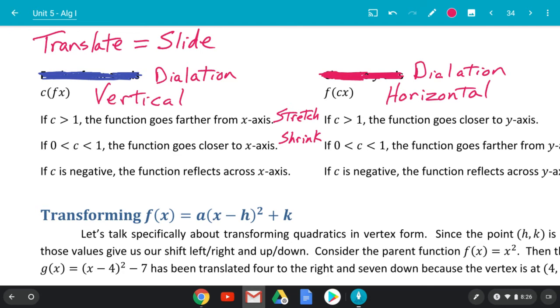Decimals or fractions. If it's a fraction or a decimal, it's going to be a shrink. Notice where I put the words. Shrink, stretch. Get it? Cool.